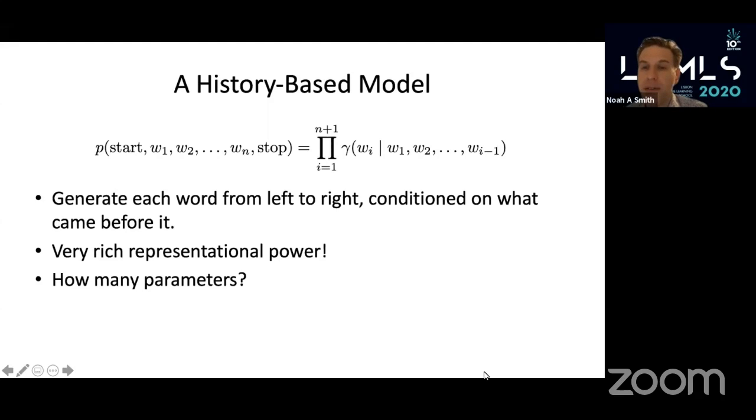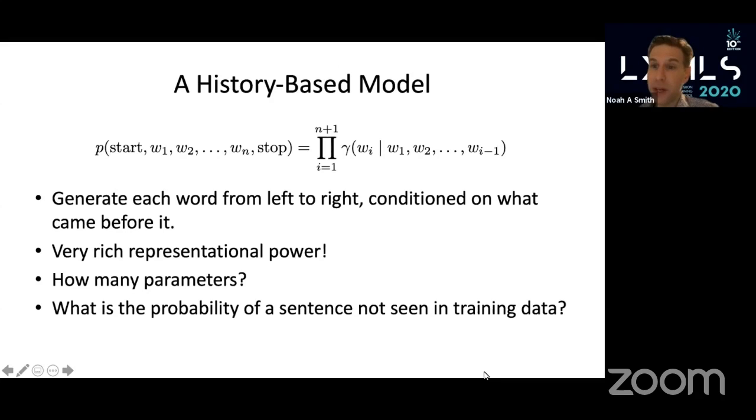Remember, we have a separate die for every history that we could have ever seen going all the way back to the start symbol. And it's pretty easy to see there are infinitely many of those. So this is a model that has really an arbitrarily large number of parameters. And because we'll never have seen most of the histories with finite data, we actually don't have a really good way to estimate the parameters associated with most of the dice.